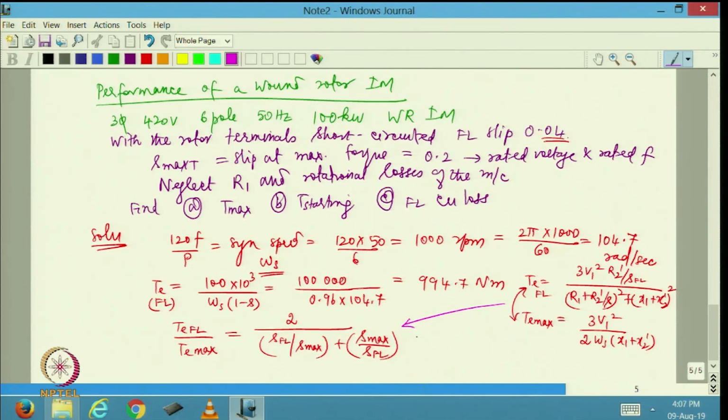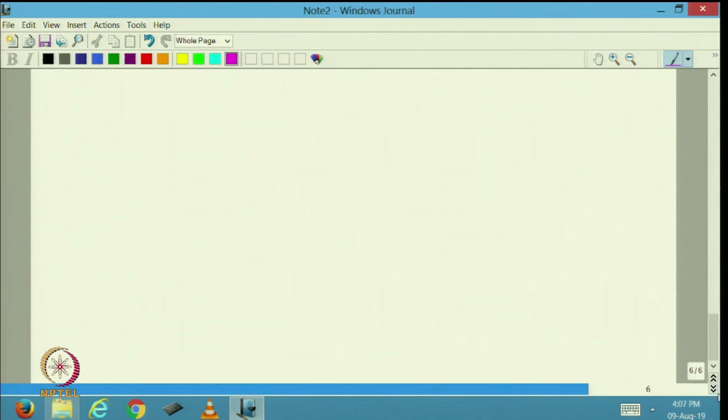This is an important expression. Okay? Now, using this, we should be able to write TE full load divided by TE max equal to 2 divided by S full load is 0.04, S max is given as 0.2, so 0.2 divided by 0.04 plus 0.04 divided by 0.2, right.